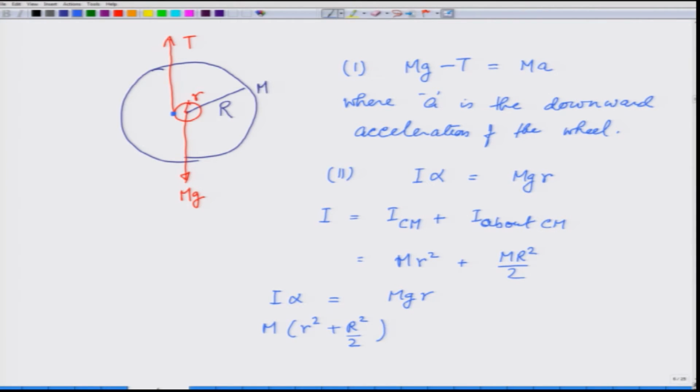These two equations together, therefore this m cancels, give me, oh, there is an alpha here, alpha is equal to g r divided by R square by 2 plus r square, or is equal to g times 2r divided by R square plus 2r square.